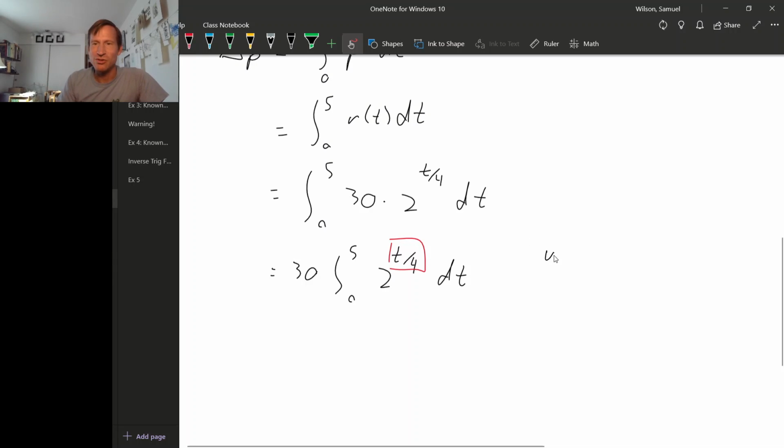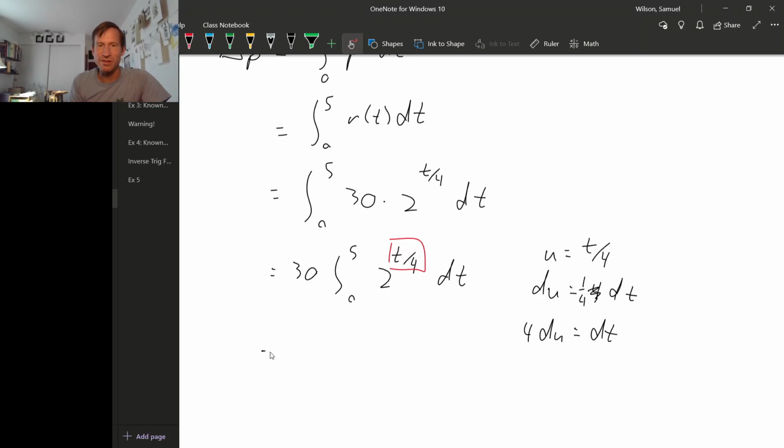So let's let u be t over 4. That means du is 1 over 4 dt. And so that means 4 du is equal to dt. And so now we can do this substitution.